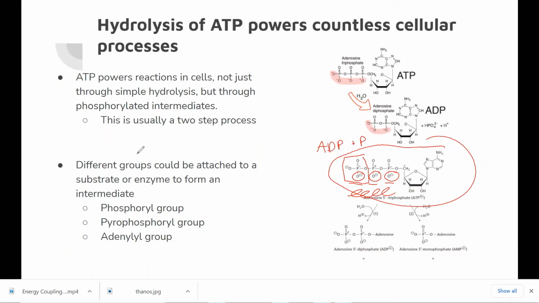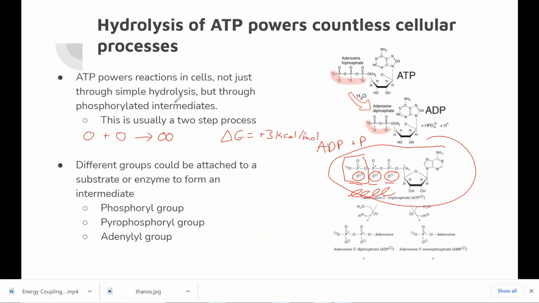So how does that couple with other reactions? Well, let's say, for example, you want to put these two random molecules together to make this structure. But that particular reaction synthesis requires an input of, let's say, 3 kilocalories per mole.